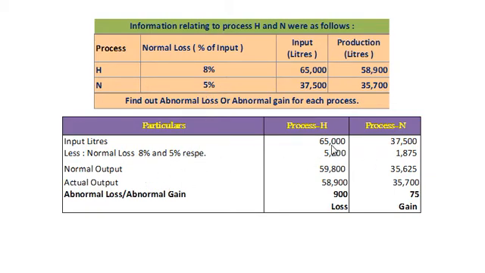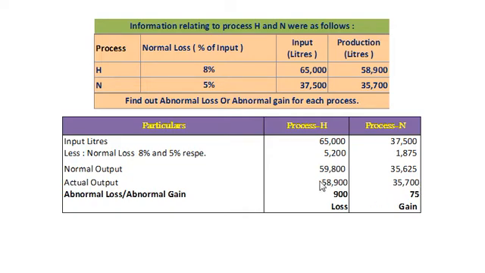So 8% of 65,000 amounts to 5,200 and 5% of 37,500 amounts to 1,875. So our normal output amounts to 59,800 in process H and 35,625 in process N. And finally our actual output is given 58,900 and 35,700 in respective process.